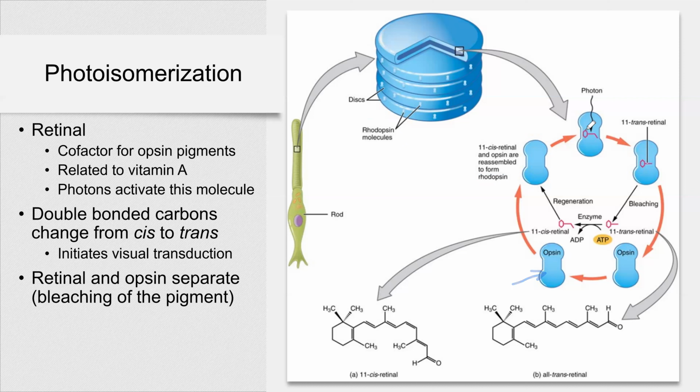And associated with the opsin is a cofactor over here shown in this purple color, and this is retinol. So retinol is a cofactor for opsin pigment. That means opsin cannot work without retinol. Retinol is related to vitamin A, and photons, that means your light, activate retinol, right?